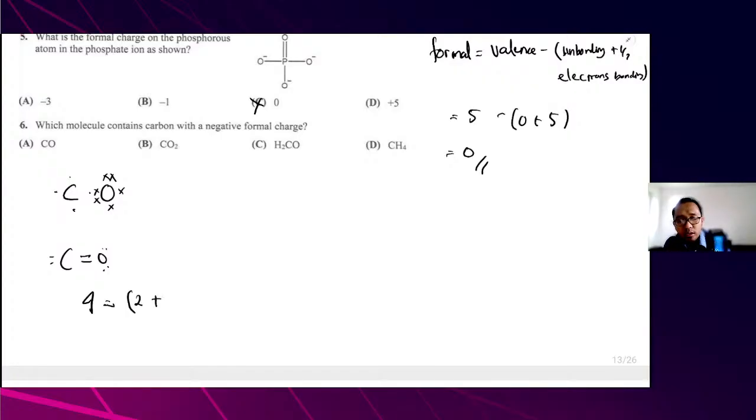Okay, nonbonding electrons, half bonding electrons. Oh yeah. It's still 1, 2, 3, 4, 5, 6. Still 6.